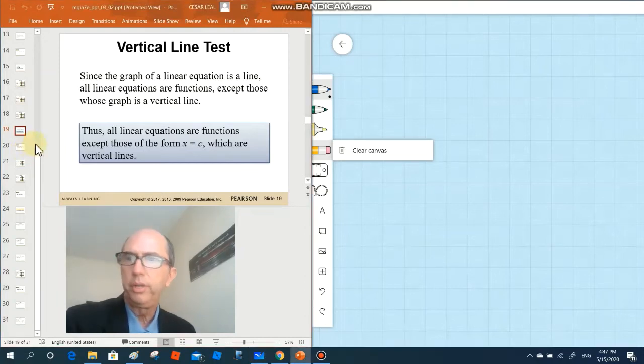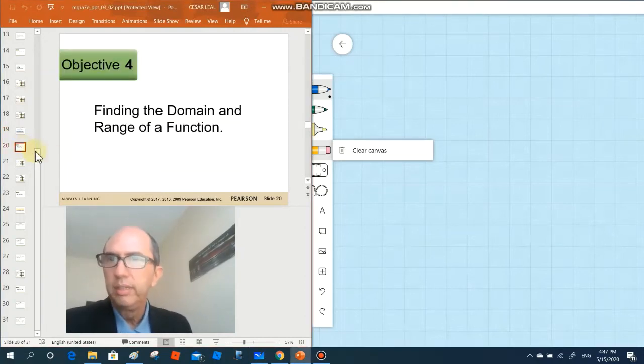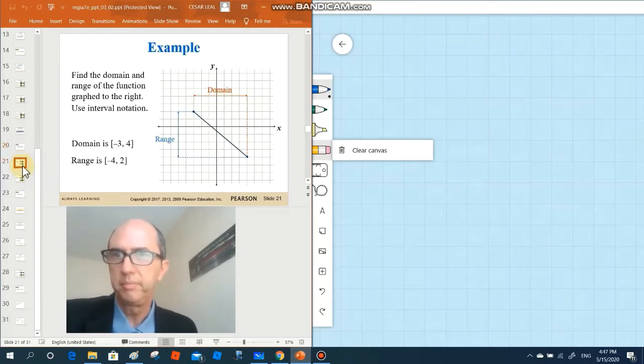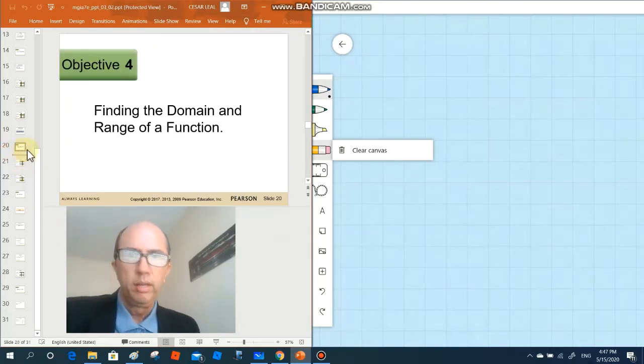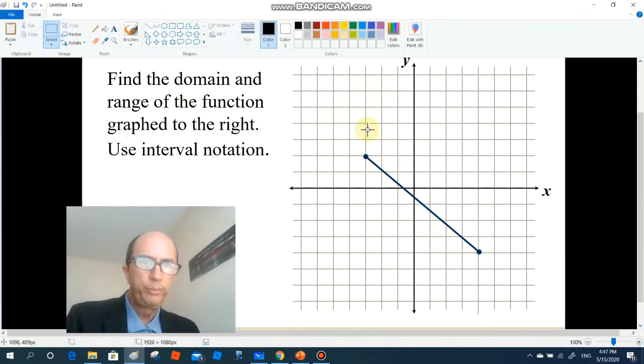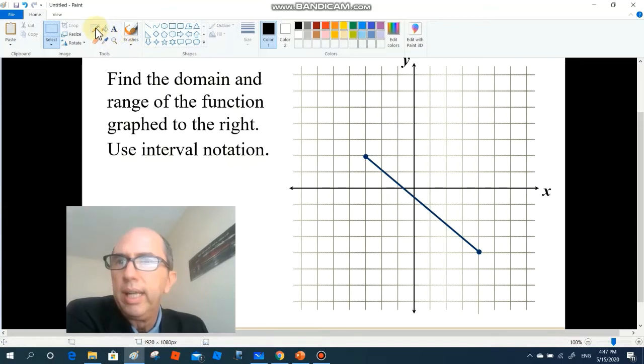And now we're going to objective 4, finding the domain and range of a function. And let's use this thing here. We want to find the domain and range. Domain, we've seen that domain is the X set.